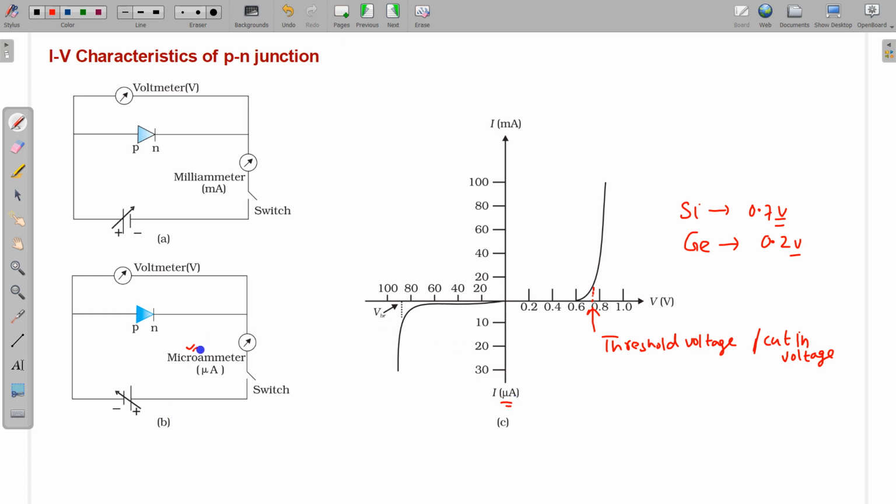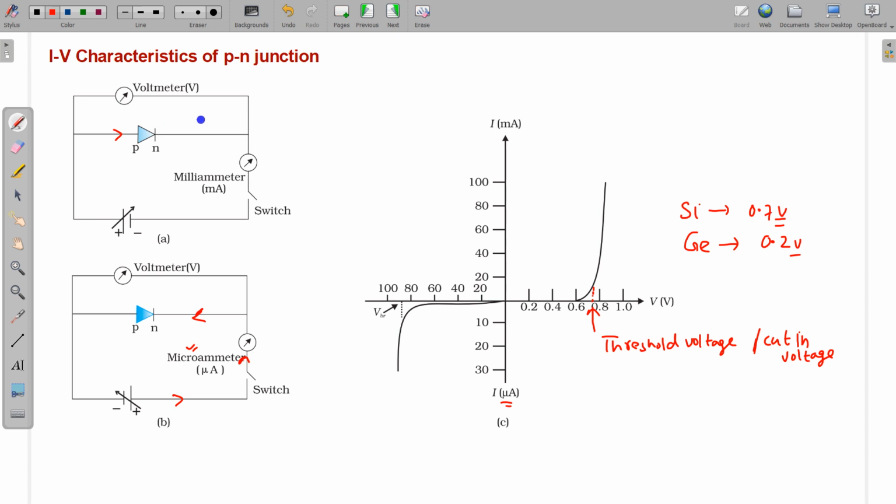So usually we say that this PN junction allows current from P to N, but in the other direction the current is very less.